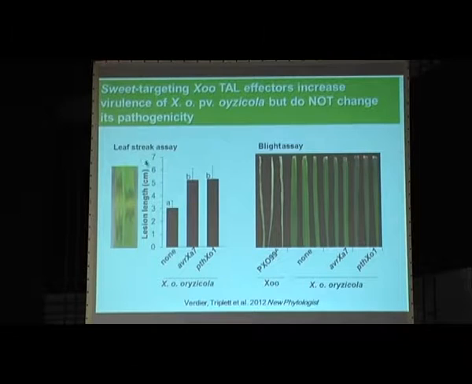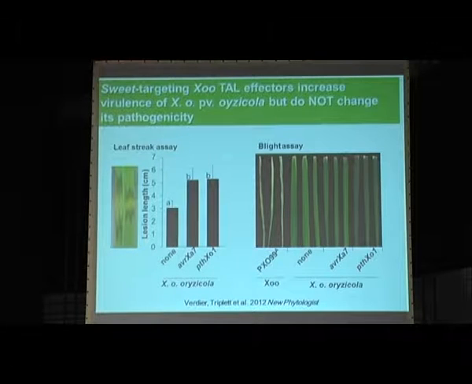And this is an assay that we use for leaf streak, where we infiltrate the leaves, and then you see a virulent strain will spread out from that site intercellularly, whereas the avirulent strains stay fairly contained within the spot. And what we saw was that we could increase the virulence of the bacterial leaf streak pathogen, its ability to colonize in this assay, by addition of the effectors from Xanthomonas oryzae.